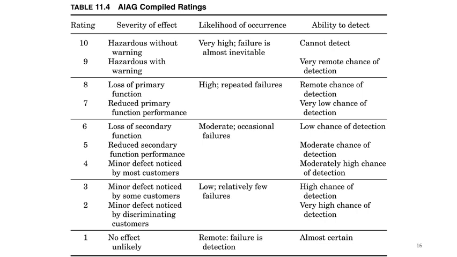So these are the tables that show an example of the compiled rating. So let's say in the first row here, if the severity is very bad, hazardous, and without warning, the likelihood of occurrence is also very high, which means failure is almost certainly going to happen, which is very bad. And then we do not have any design control to detect the failure, so the rating is the worst.